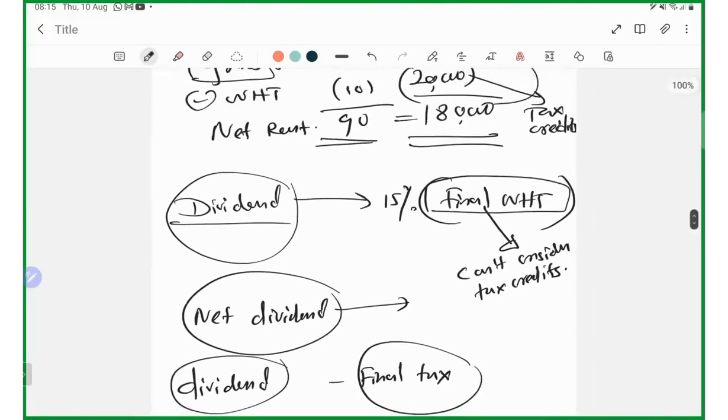Here I will only discuss the new things. So this is how to apply dividend, interest and rent in the tax calculation.